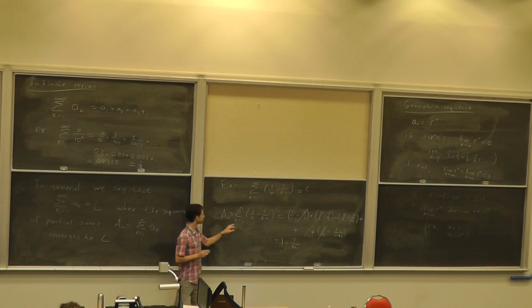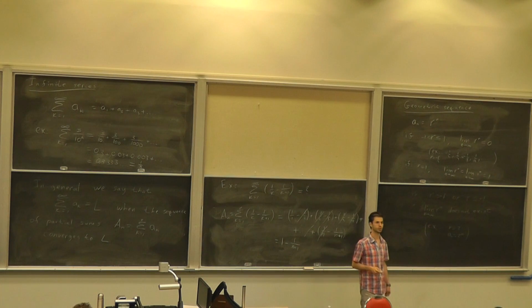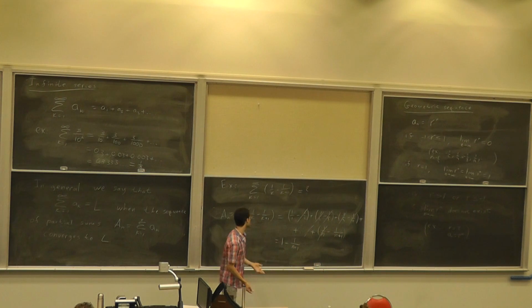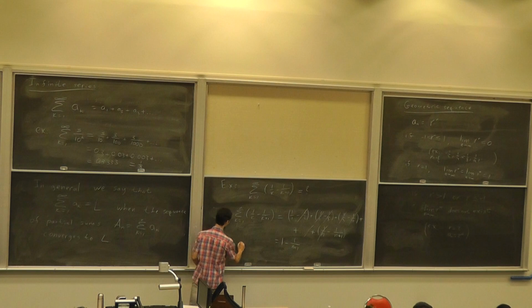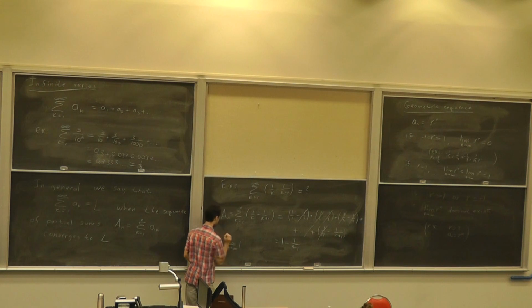So if we sum up the first n terms, the answer is 1 minus 1 over n plus 1. The partial sums approach 1, so they become closer and closer to 1 as n goes to infinity. So we say that the infinite sum from 1 to infinity of 1 over k minus 1 over k plus 1 is 1.